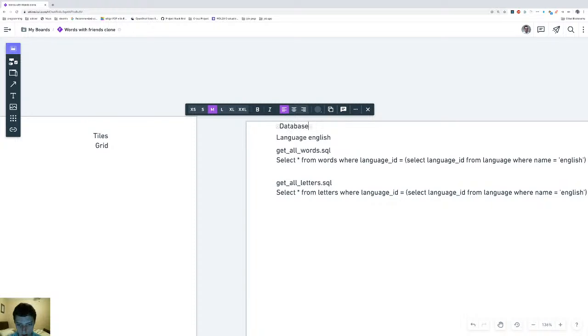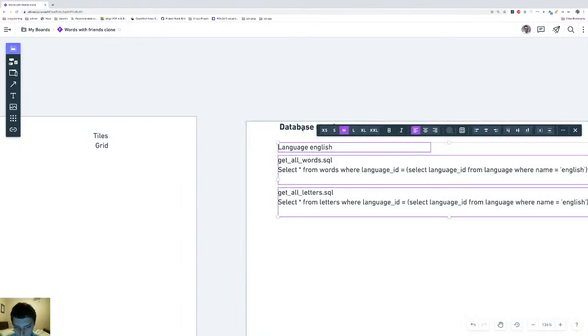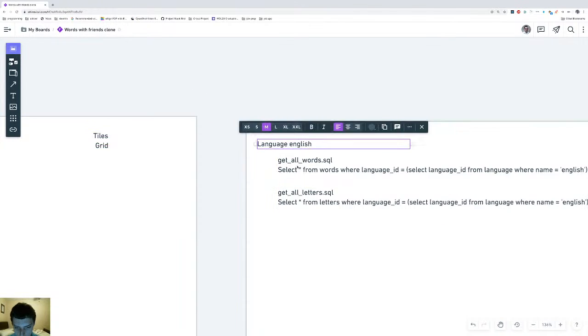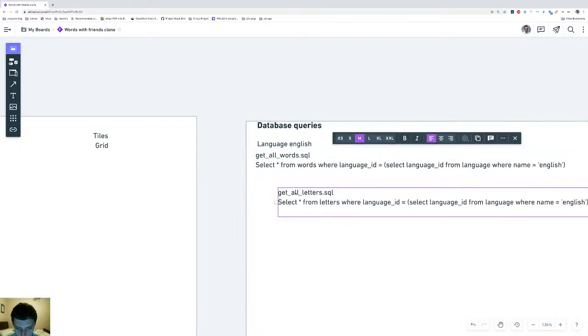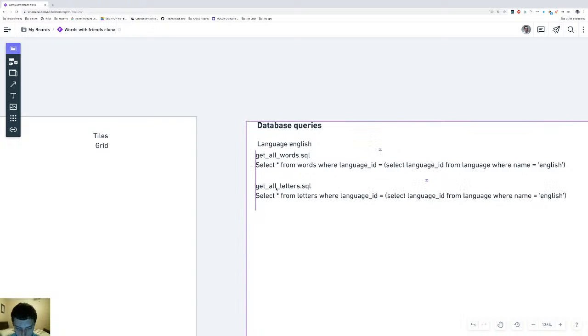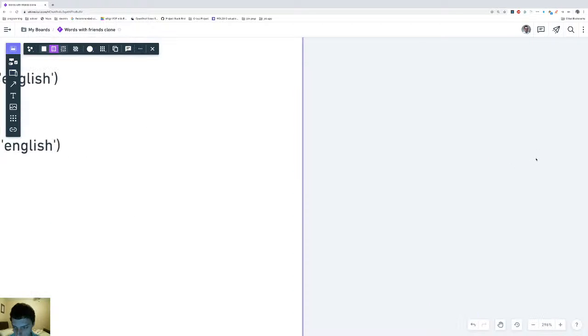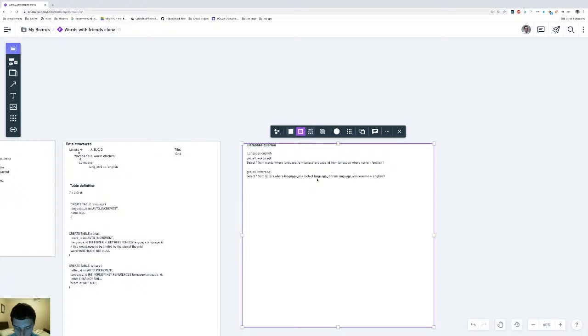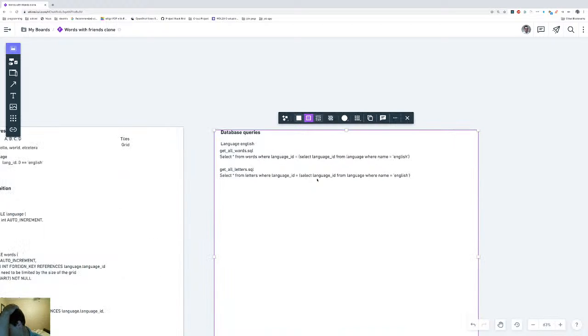Doing something like this. Select star from letters where language ID is English.